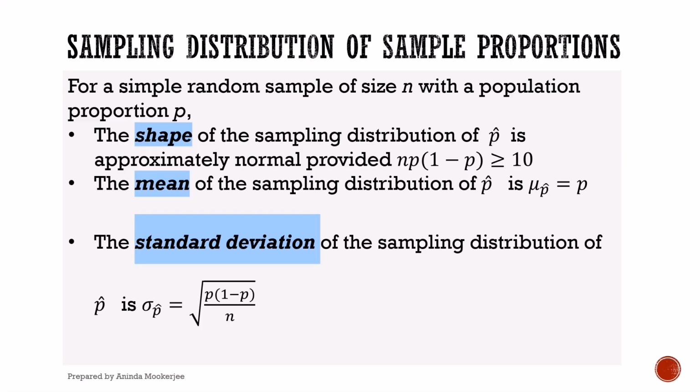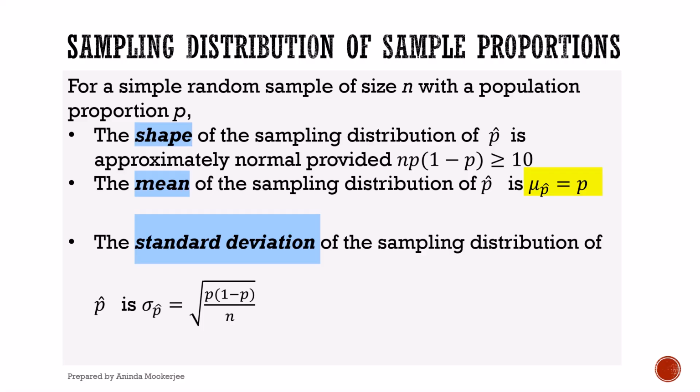There's the mean. Like I said, the sampling distribution deals with 3 parameters: the mean, the standard deviation, and the shape. The mean of the sampling distribution of p hat, mu sub p hat in notation form, is equal to whatever the population proportion is.